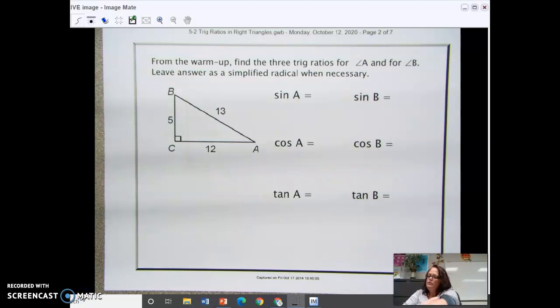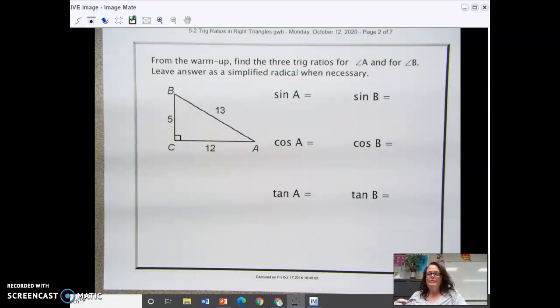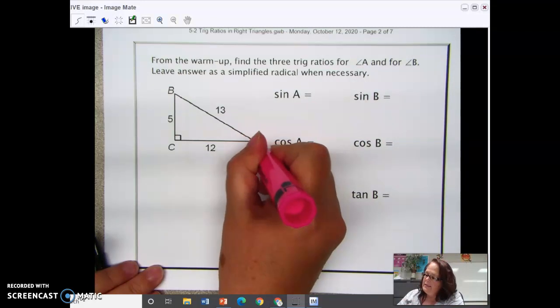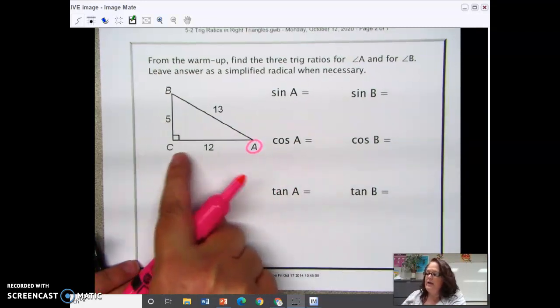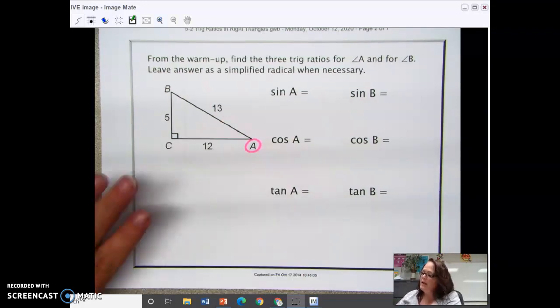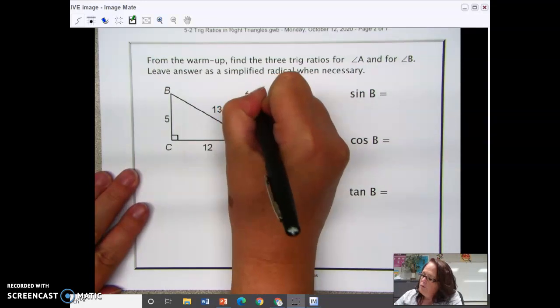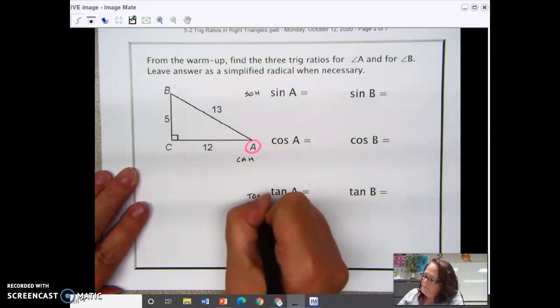So we're going to steal this triangle from the warm-up. So this is triangle ABC. And so notice if we focus on A, do you see that the opposite of A would be 5, the adjacent to A would be 12, and the hypotenuse would be 13. And so we have SOH, CAH, and TOA.